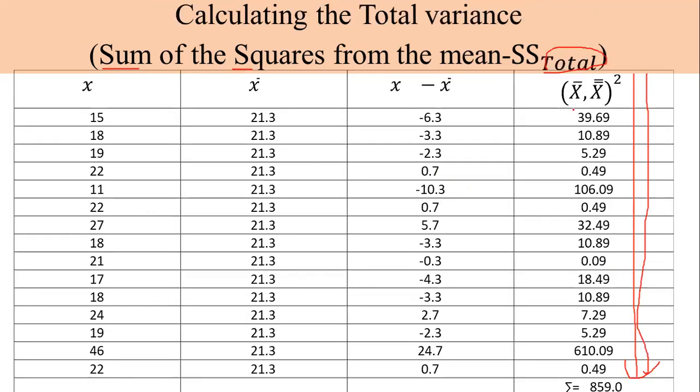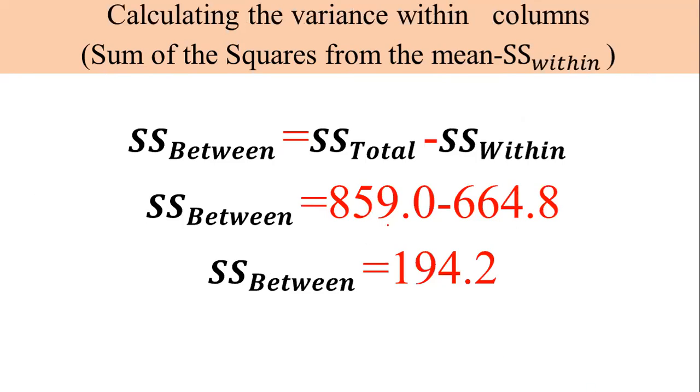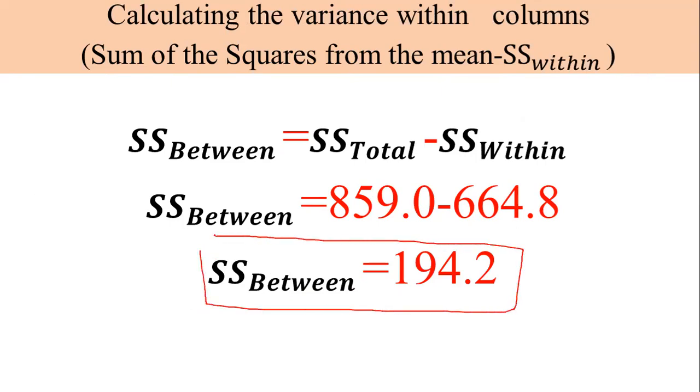Then the sum of the squares total is down here as 859. So when we subtract, we get 194 as the sum of the squares between.